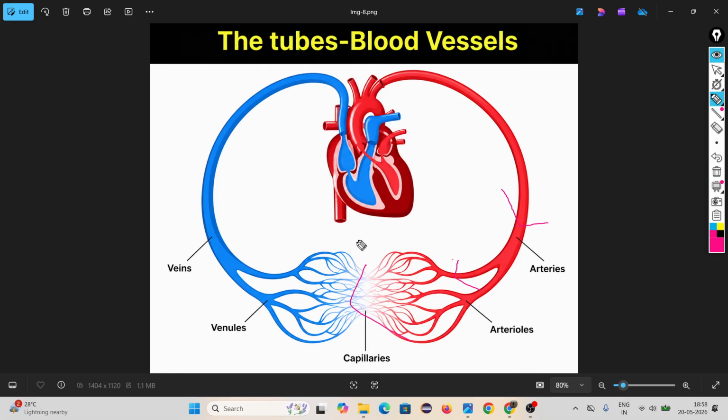Inside capillaries, the cell takes the important substances through diffusion and gives the waste product to capillaries. Then this waste product mixes with the blood and returns to the heart.